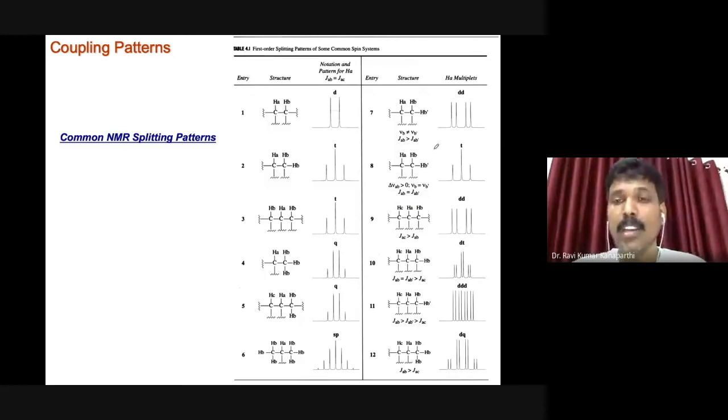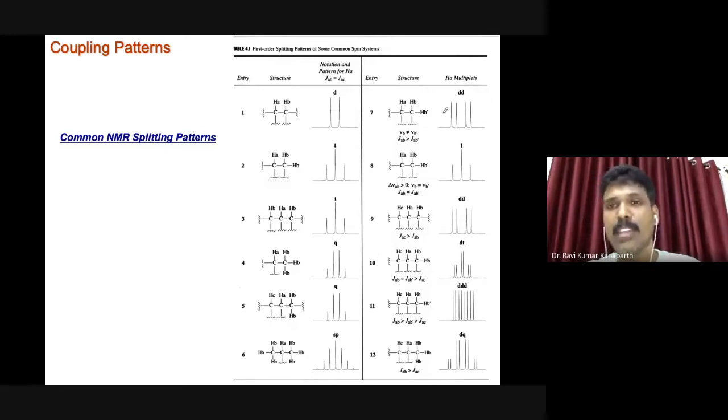Similarly with HA, if the extent of interaction is different, we can sometimes get a triplet also. This is another possible situation where a DD can be obtained, when on one side there is one proton and on the other side another proton.